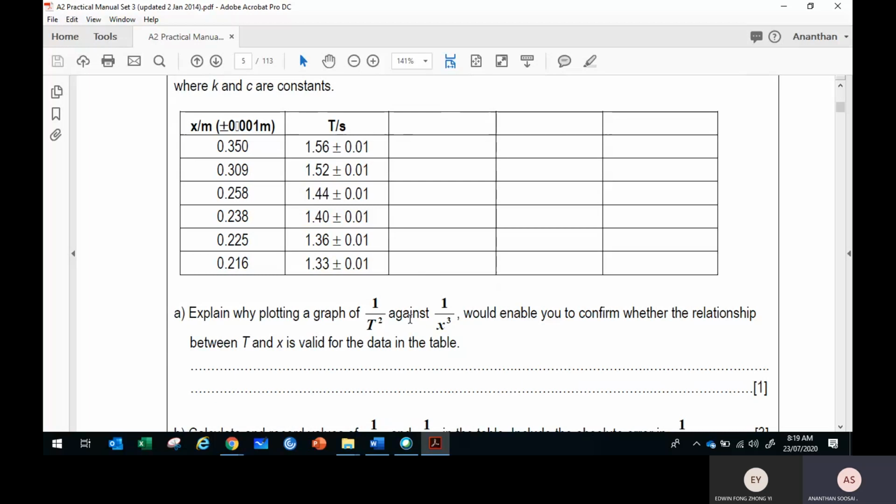The answer you should say is: by plotting 1 over t squared versus 1 over x cubed, you will obtain a straight line.